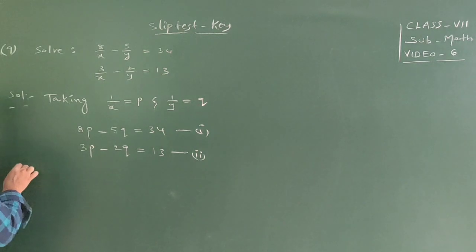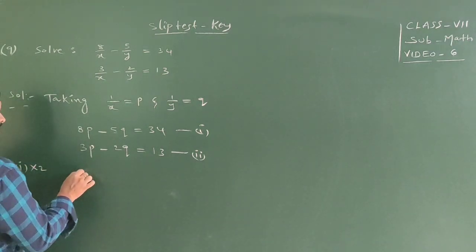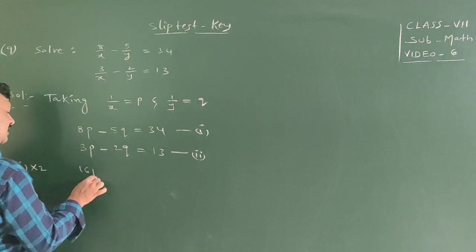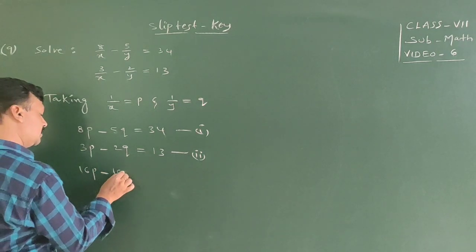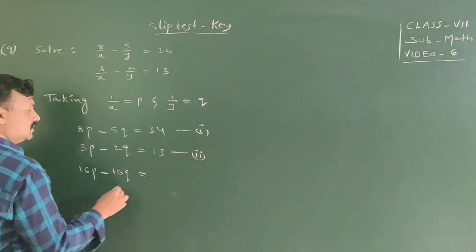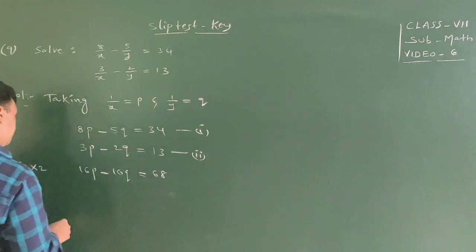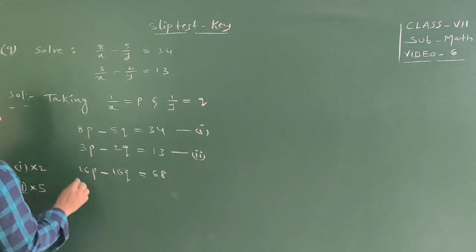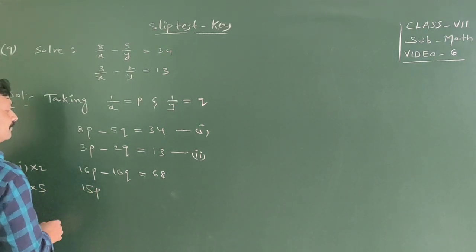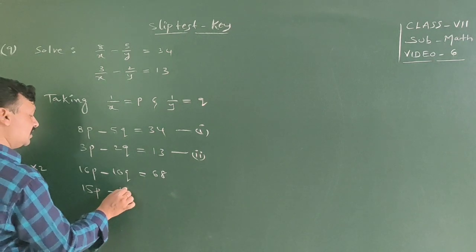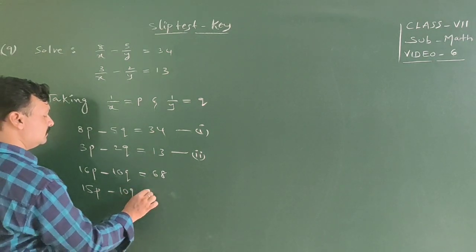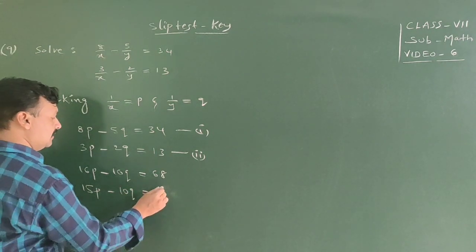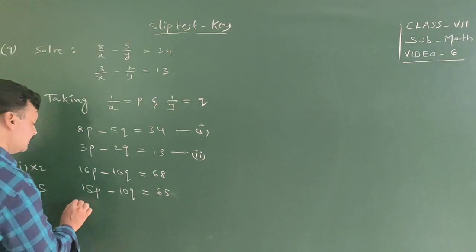Now, first equation multiplied with 2, you get 16p minus 10q equals 68. Then equation 2 multiplied by 5, here 15p minus 10q equals 65.